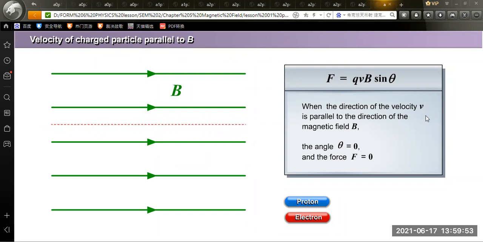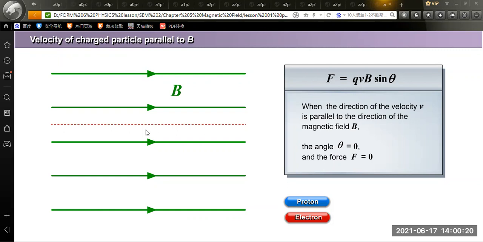When the direction of the velocity V is parallel to the direction of the magnetic field, that means that the angle is equal to 0. Just now, F, B and the direction of V, the velocity, all of them must be perpendicular to each other. All of them must be at 90 degrees.